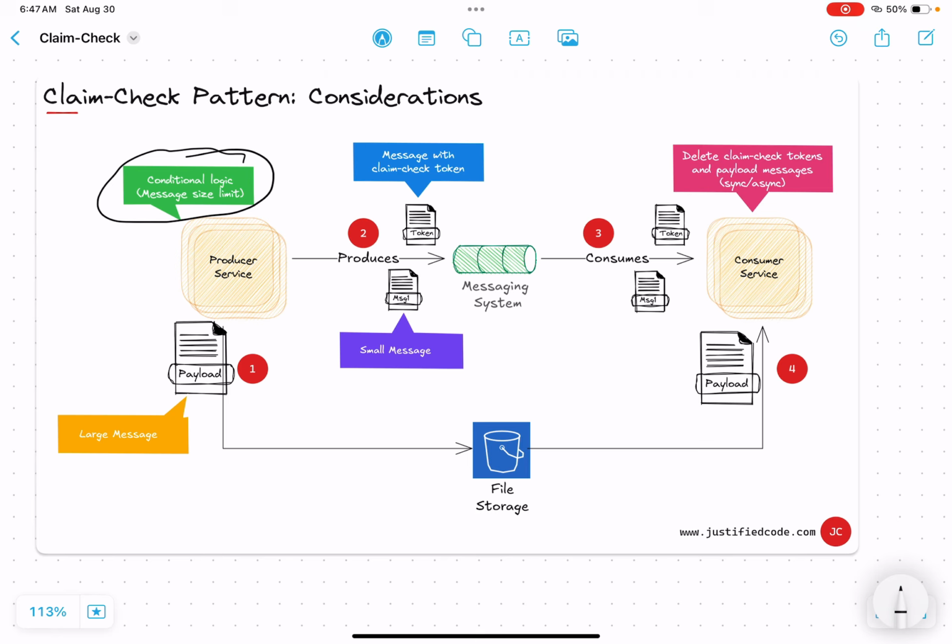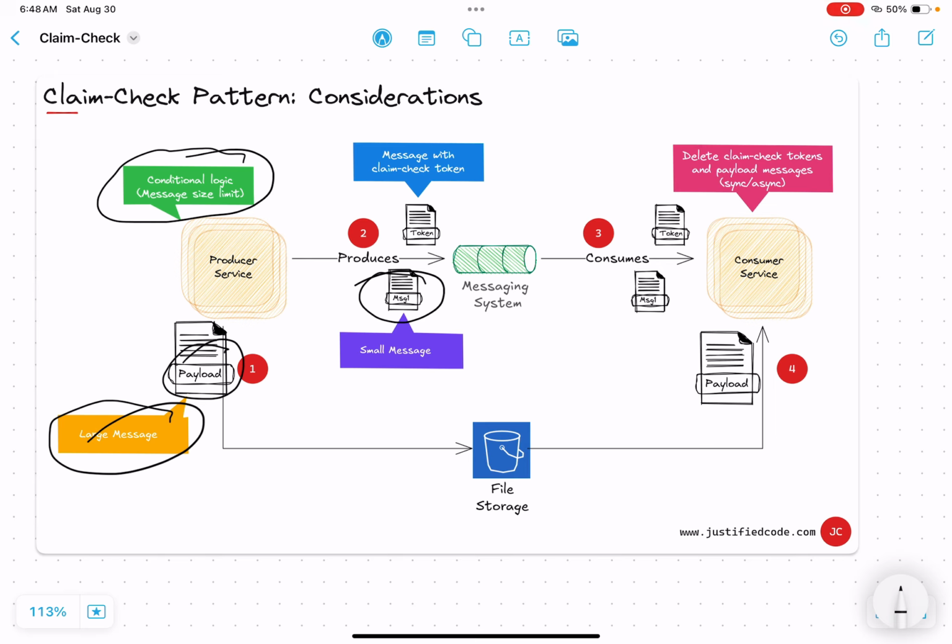Always try to stay in the middle when you take architecture decisions or software design decisions. So the idea here is that you only send this payload to the external file storage if the message exceeds the size limit. So only for large messages. For smaller messages, you keep the normal flow. That's the first thing to consider when implementing this pattern.